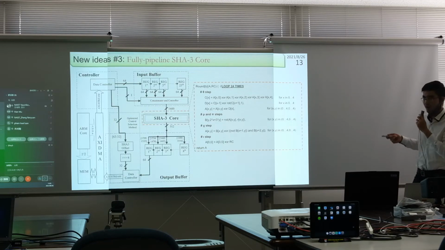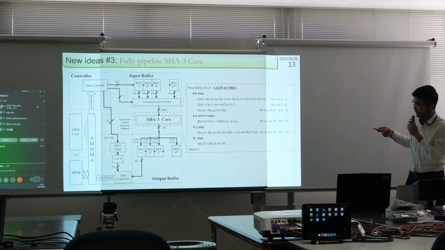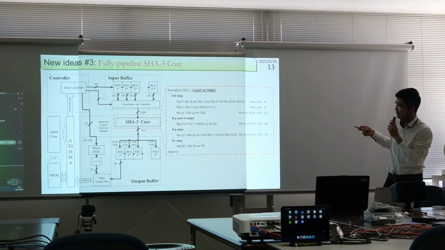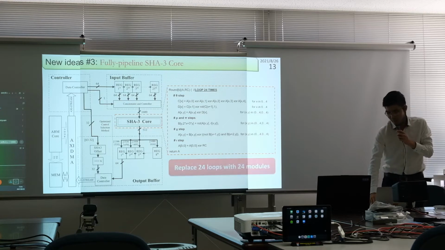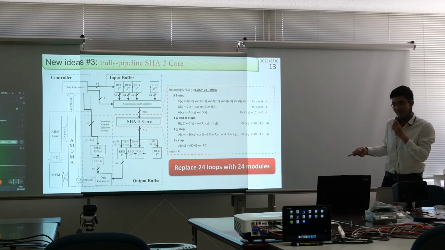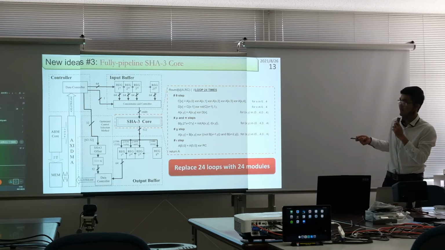Next, I will talk about the SHA-3 core. The SHA-3 core is implemented for the K-cap permutation. Here you can see that the algorithm works with 24-time looping. So instead of 24-time looping, I will replace it with 24 modules. That's why I call it fully parallel.